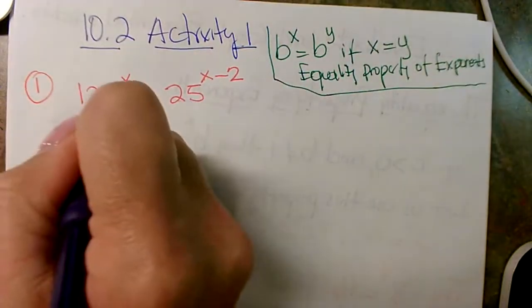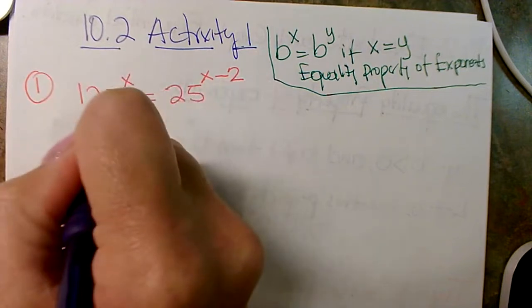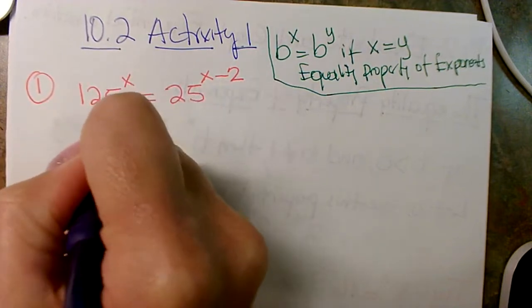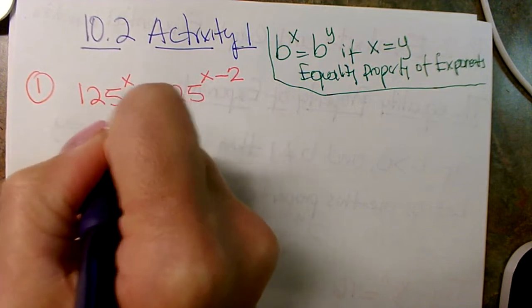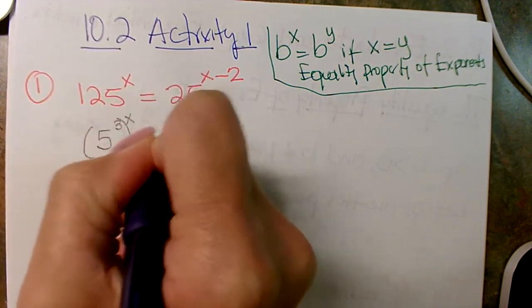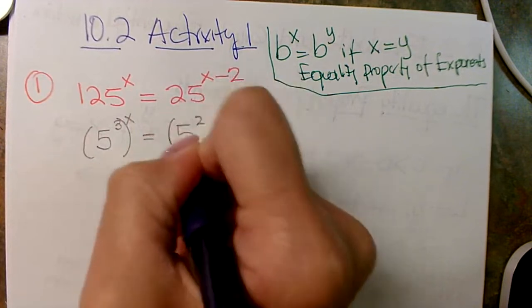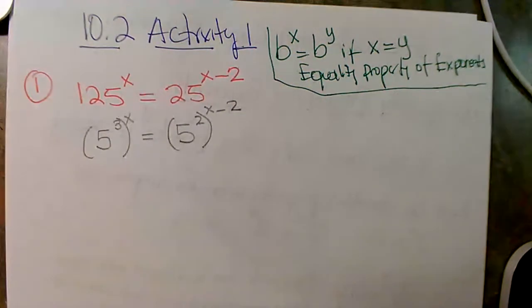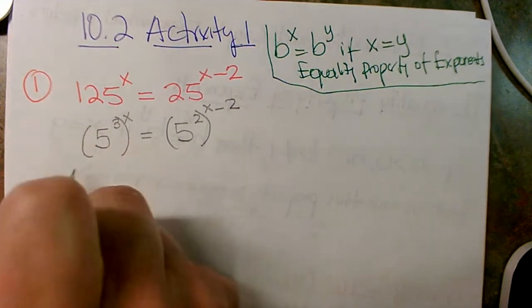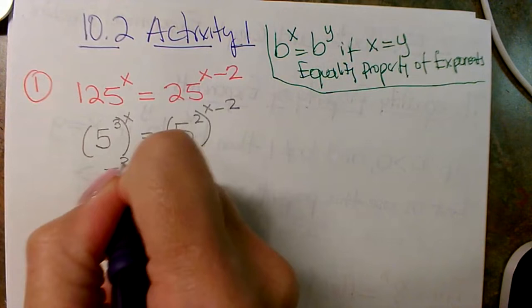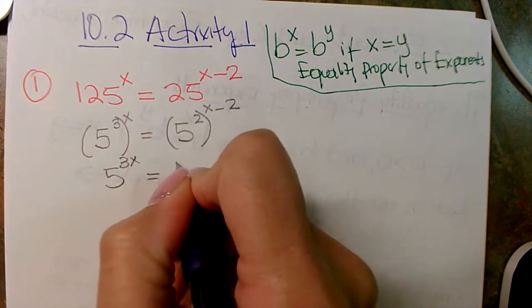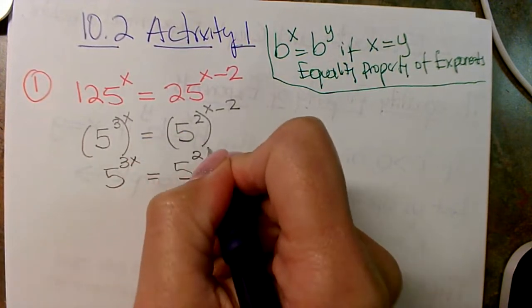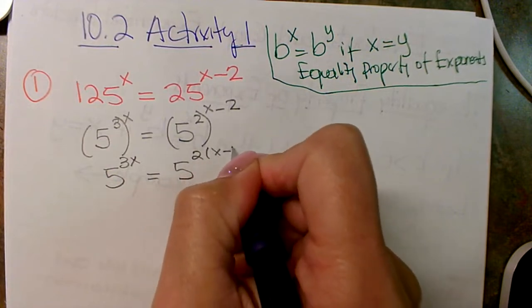Okay, so now I need to have 125 and 25 with the base of 5. So let's do 5 to the third power, right? 5 times 5 times 5. And 25 will be 5 to the second power. So I rewrite the left side and the right side with a common base. Now I'm going to apply what? The power rule. This is equal to 5 to the power of 3x, and this is equal to 5 to the power of 2 times x minus 2.